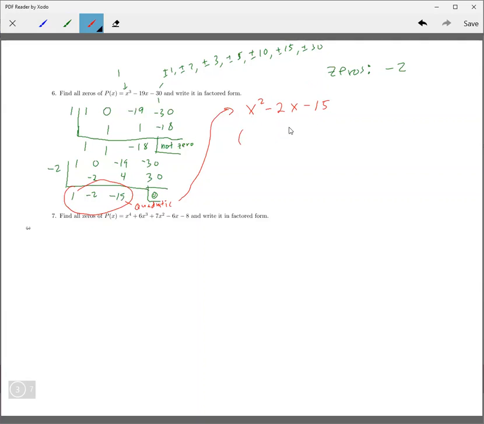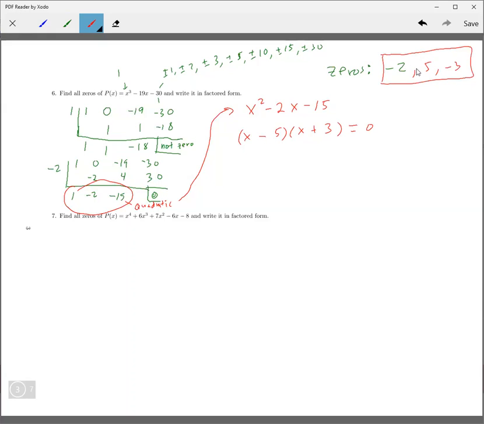And here, this is going to factor into what, 5 and 3? So -5 and +3. And then if I set that equal to 0, I get 5 and -3 as my remaining zeros.